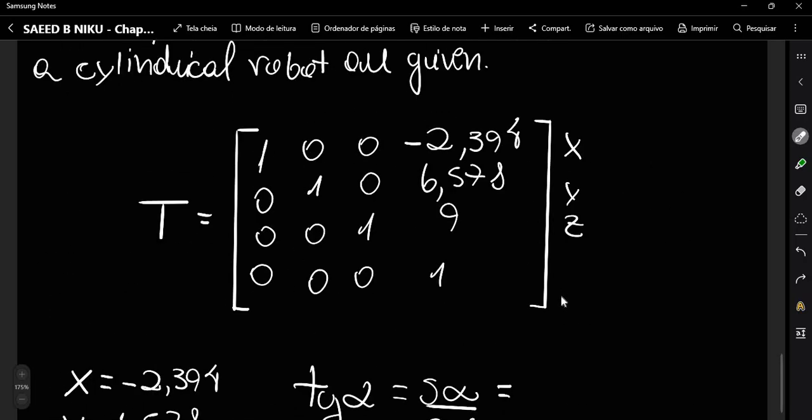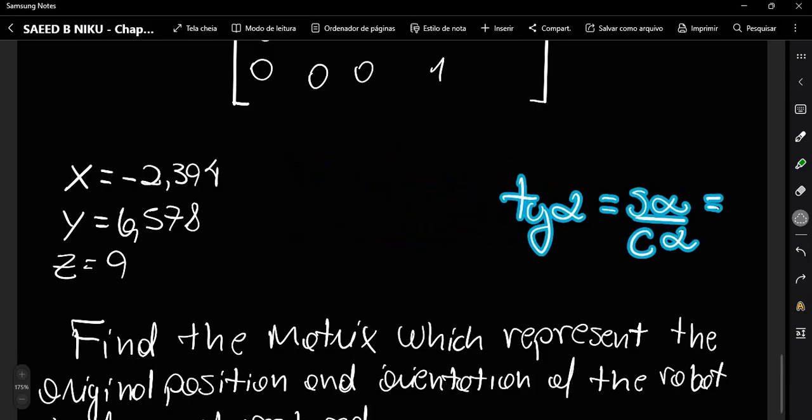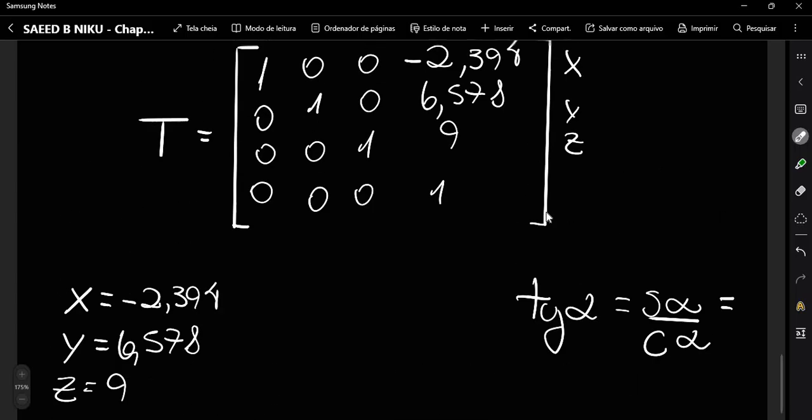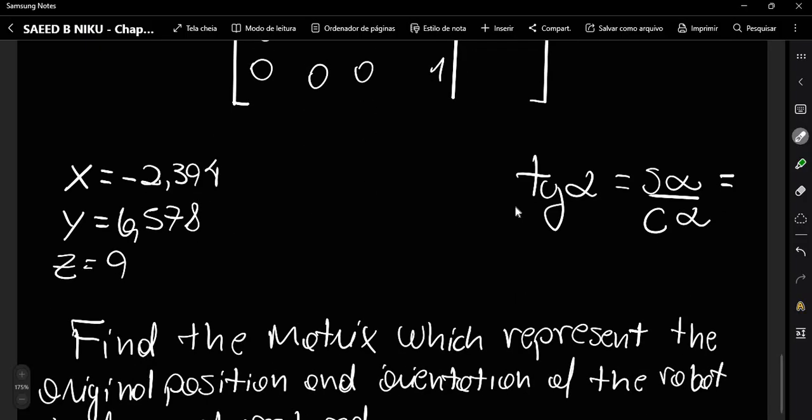So what is this? What do the elements of this matrix represent? This first column is one of the columns which represent the orientation of the end effector.